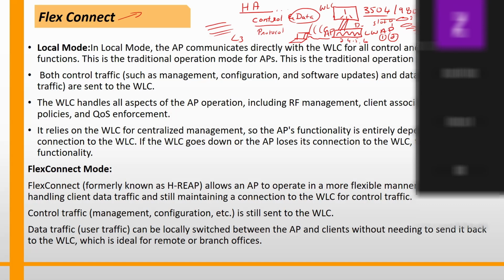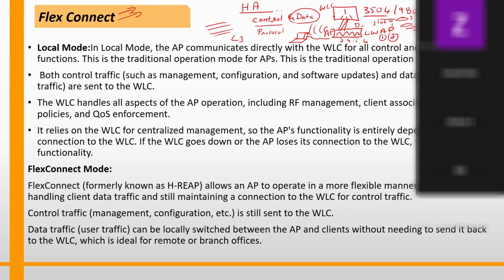To avoid this, we came up with a concept called FlexConnect. So what exactly does FlexConnect do? The main function of FlexConnect is that when the access point loses the connectivity with the WLC, the access point itself will be able to operate without the need of the WLC.